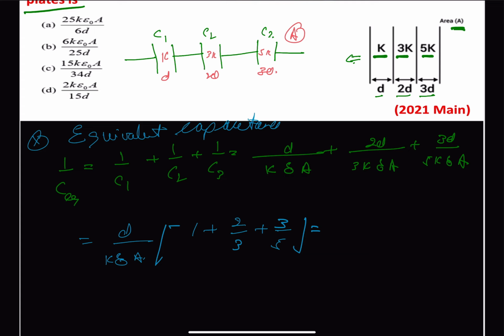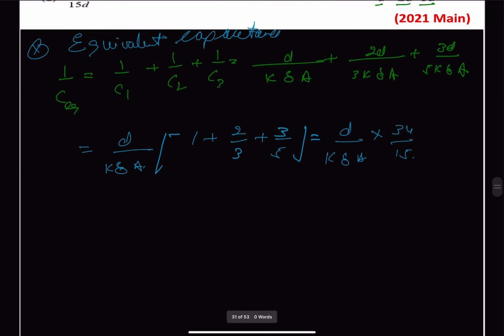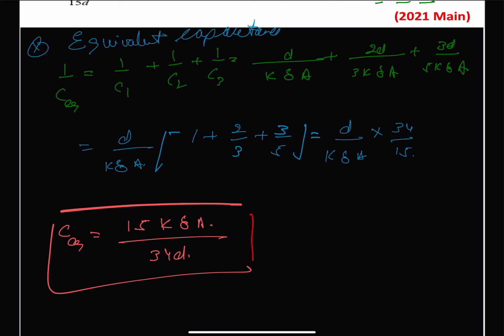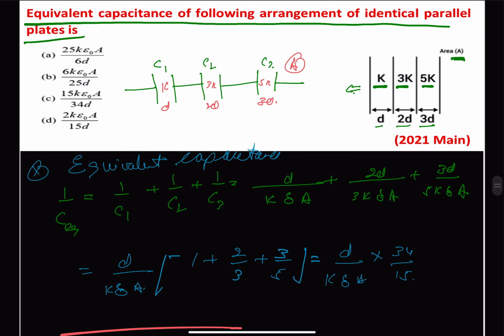So we can write this as D upon K epsilon naught A multiplied by 34 upon 15. So we get our C equivalent equal to 15K epsilon naught A divided by 34D. So this is our equivalent, and option C is correct.